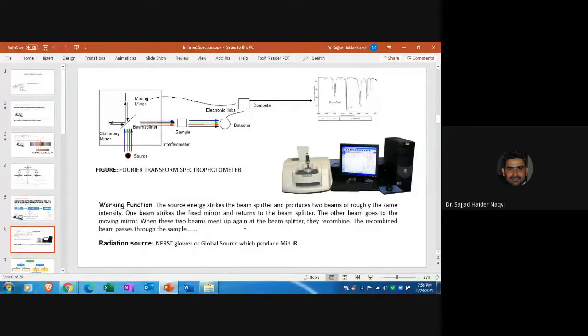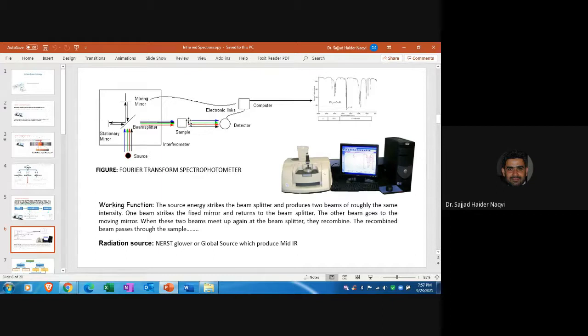So what has the beam splitter done? It splits the wave into two of almost the same intensity. One goes to the stationary and one goes to the moving mirror. After striking them, they come back and reunite, you can see here, again at the beam splitter. When these two beams meet up again, they recombine, and that recombined beam then passes through the sample.